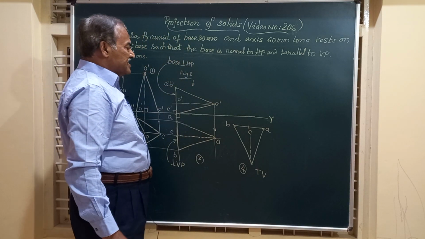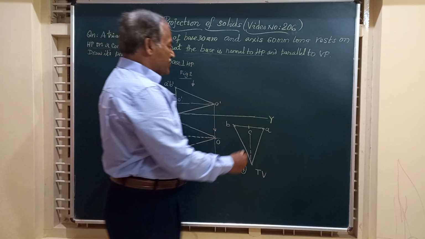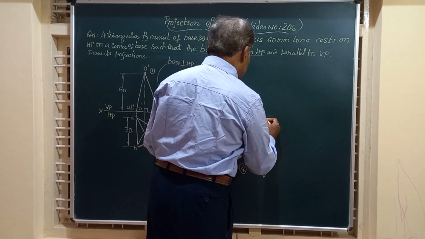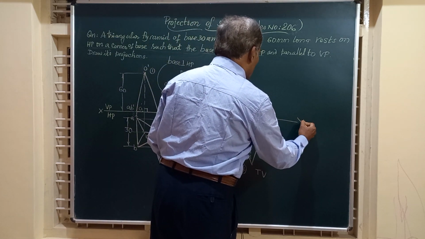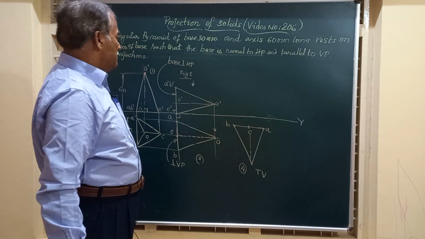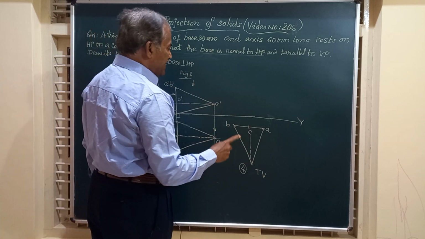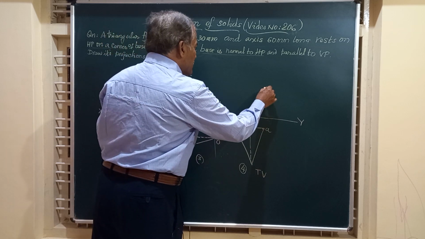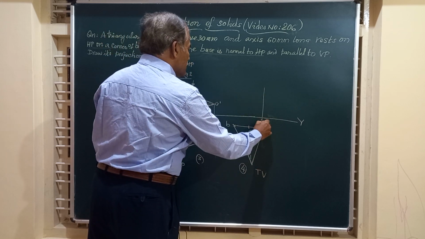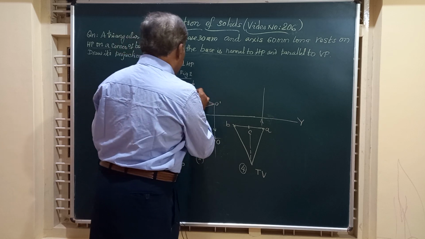So after obtaining this, let us see how to obtain the final front view of the solid. Friends, here you can see A and B are on this line. So to get point A dash, draw a vertical line from A and a horizontal line from A dash.